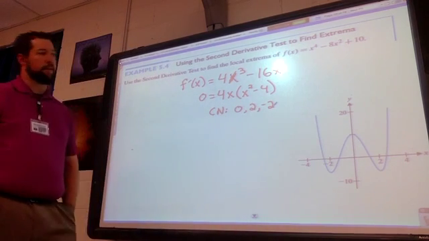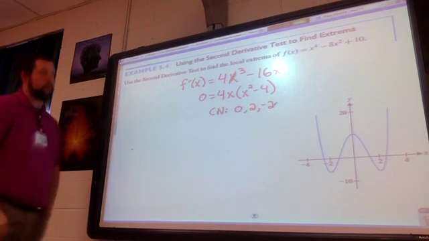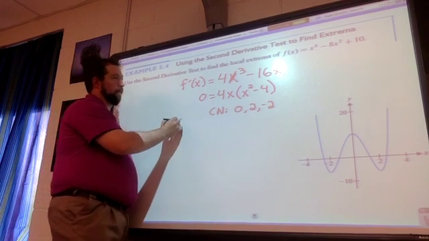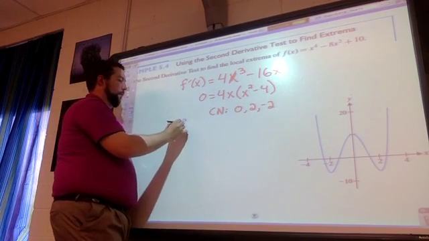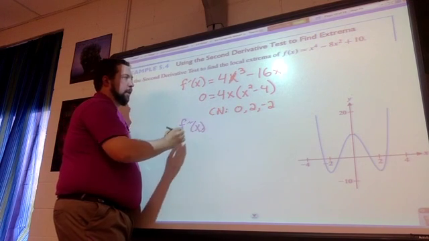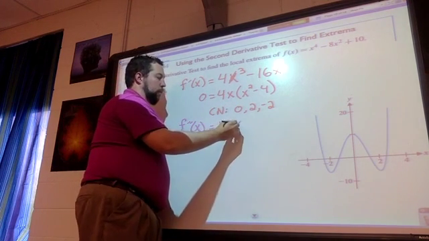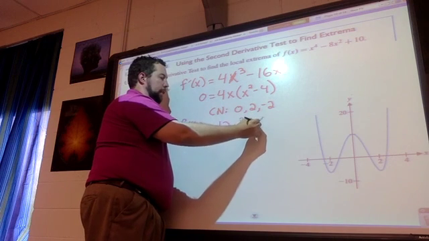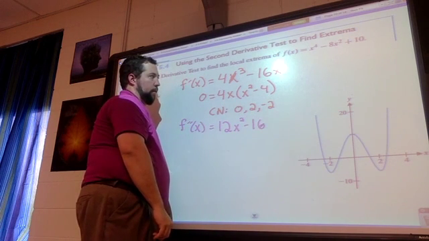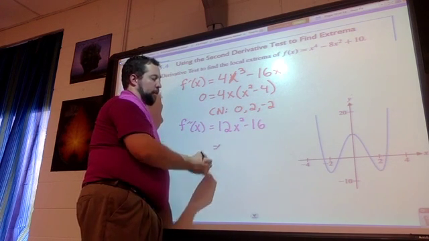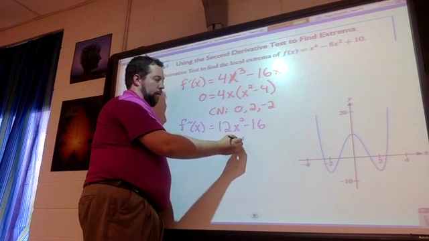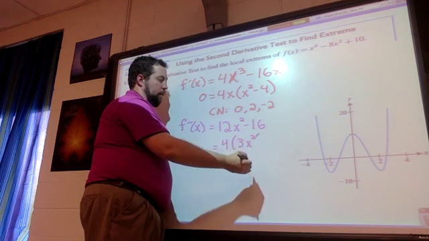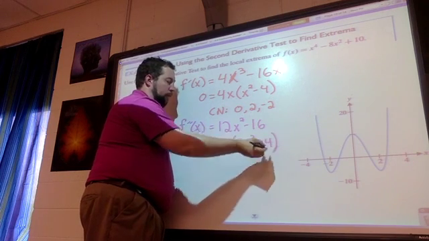But you don't have to stop here and do the first derivative test, because we can go straight to the second derivative. The second derivative is going to give you 12x squared minus 16. If you factor out a 4, that's going to give you 3x squared minus 4.